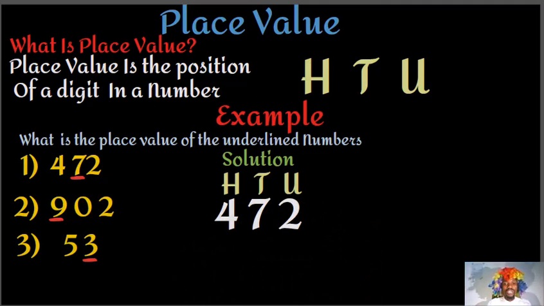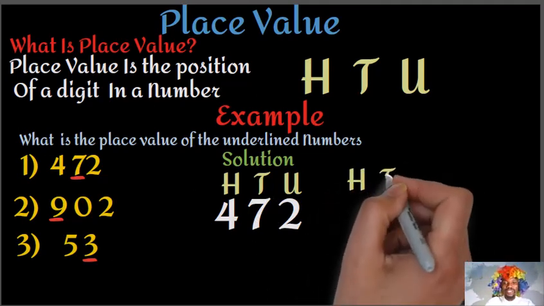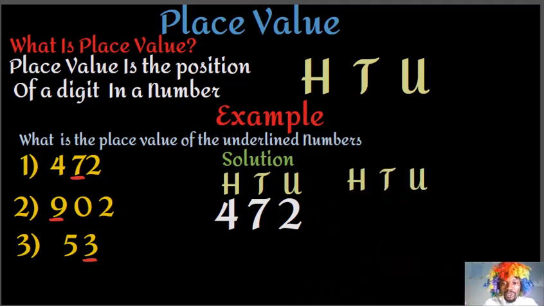472. Now the digit is under tens, so the value is tens. Let's look at it. The underlined digit was 7, so it's under tens. The value will be tens. Yes, let's underline it before we proceed. The value is 10, so 7 tens, and that gives us 70.